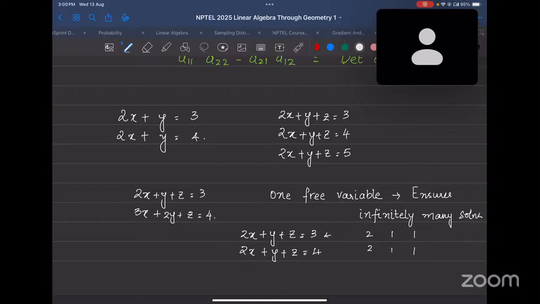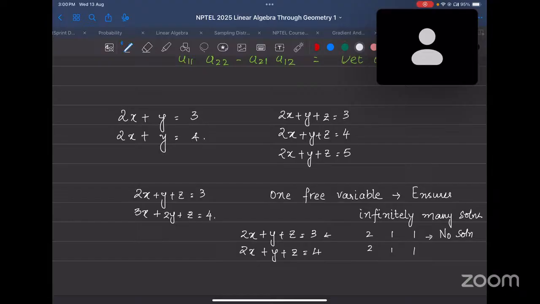If you look at the ratio, everything is 1, whereas the ratio of 4 and 3 is not going to work. So it will not have a solution. This would correspond to no solution. So an underdetermined system either has no solution or it has infinitely many solutions. Is that okay?